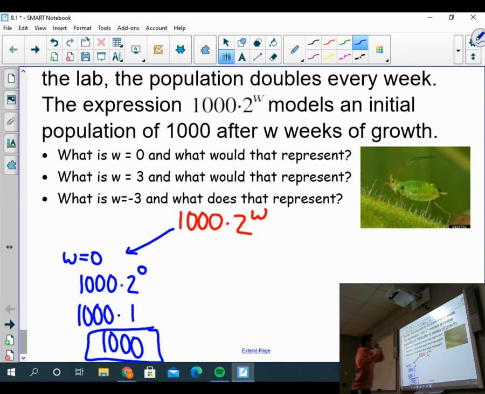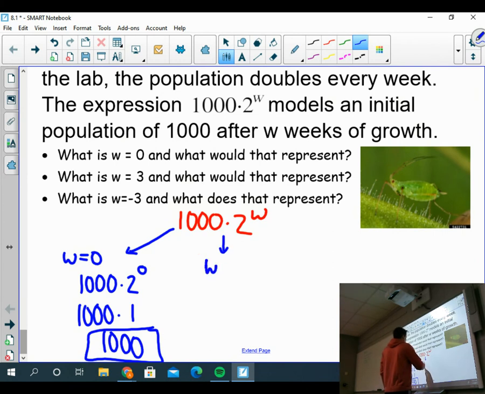They tell us, hey, in the lab, you've got 1,000 green peach aphids. No time has passed. No weeks have gone by. That's what it means when you plug in 0 for w. You still have 1,000 green peach aphids, which is what we had with this function.